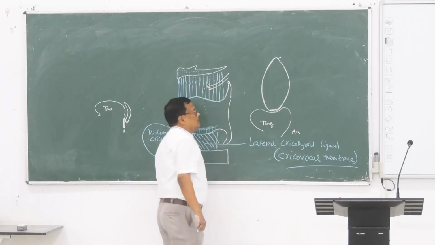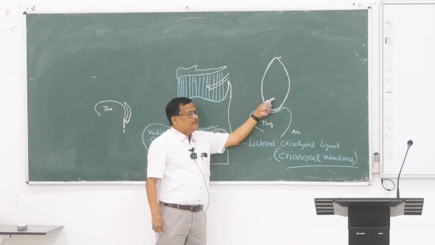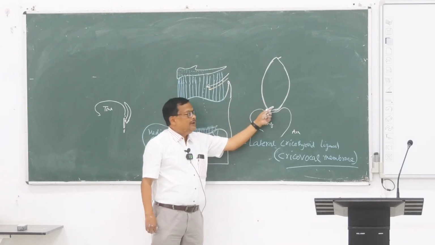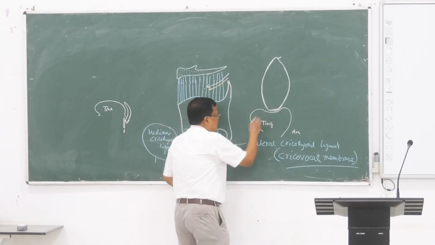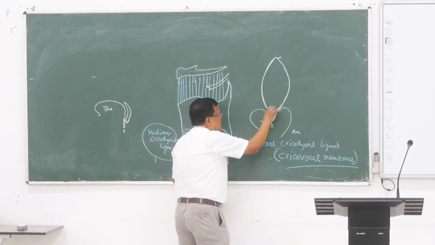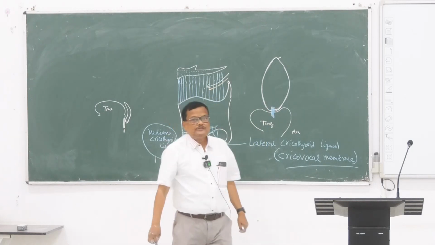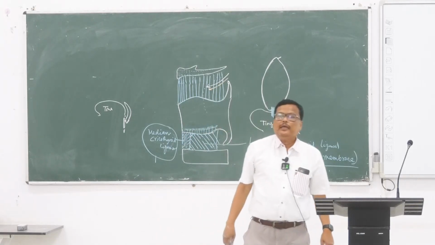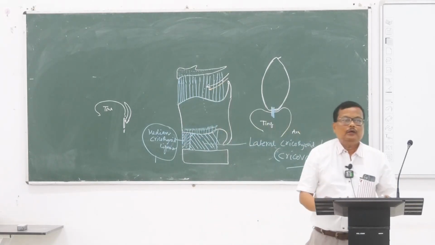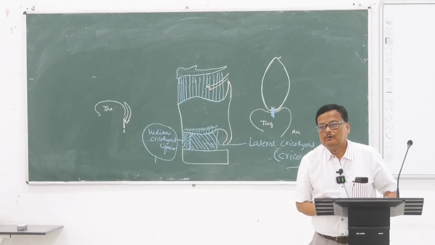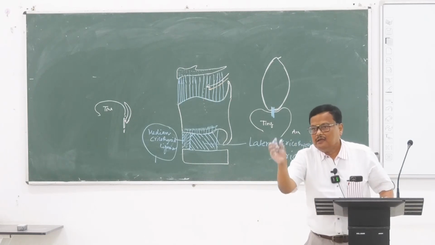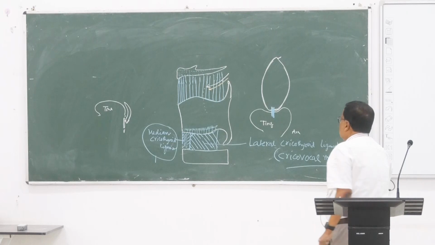The anterior surface of the epiglottis in the midline is attached to the tongue by a ligament known as the median glossoepiglottic ligament or median glossoepiglottic fold. Midline is single, only one.